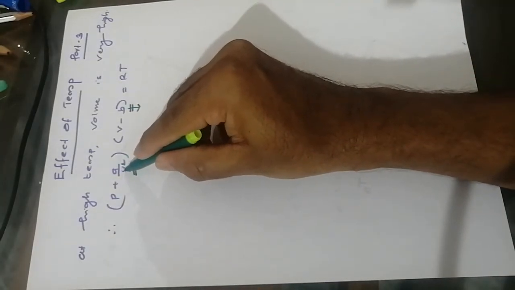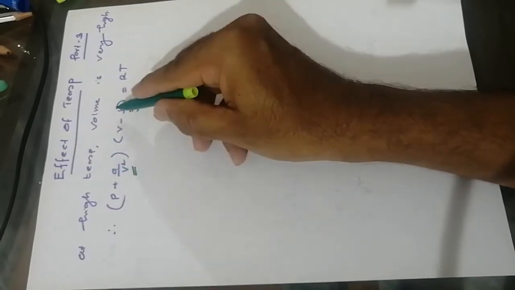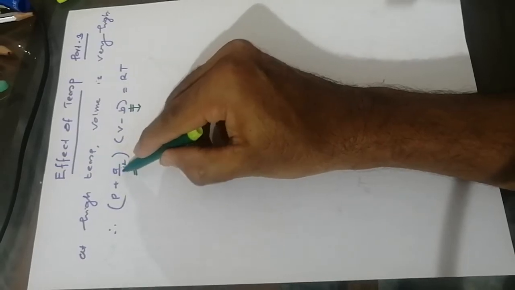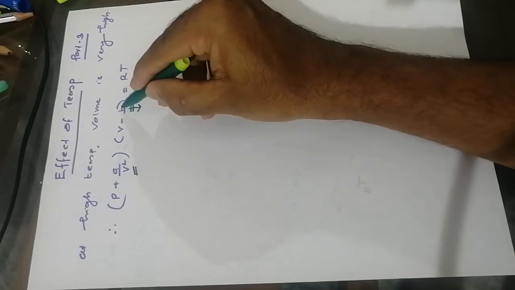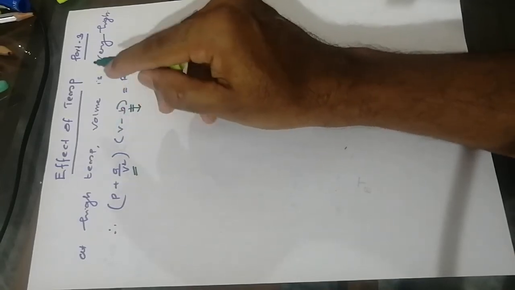What is the mathematics? Volume is very high. Therefore, V square is again high, and a and b are comparatively smaller. Therefore, the a divided by V square term, and similarly the b term, is very small and can be neglected when V is very high. What is V? This is the volume of the container.